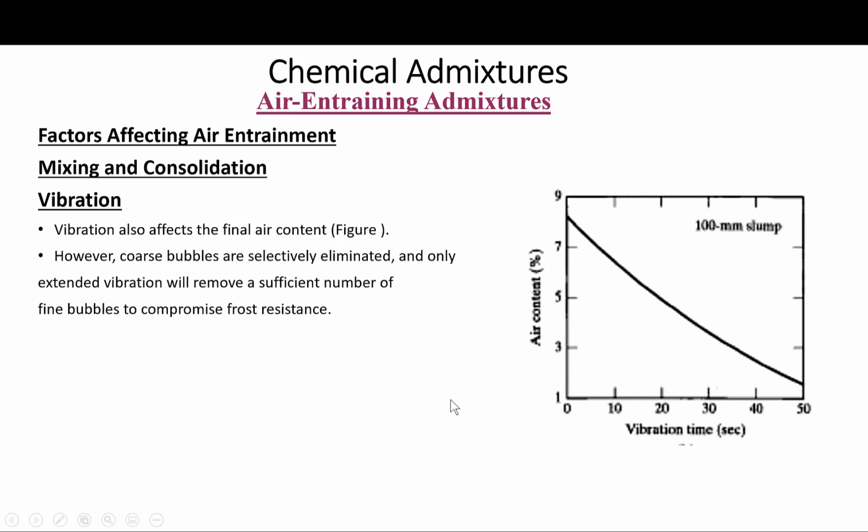However, coarse bubbles are selectively eliminated in this case, and only extended vibration will remove a sufficient number of fine bubbles to compromise the frost resistance. So that's something also to keep in mind. And again, testing, and also equally important, control of the practices in the field, placing and consolidation.